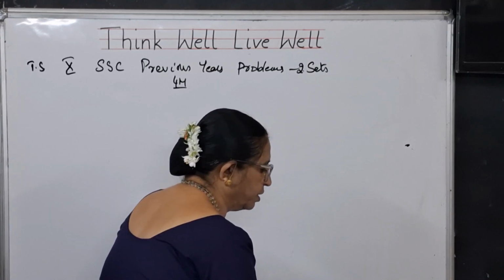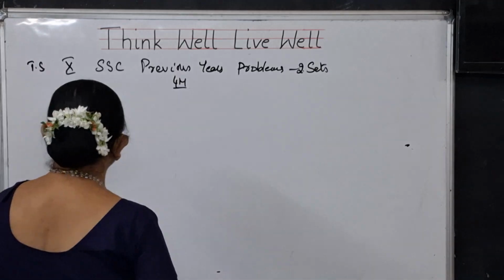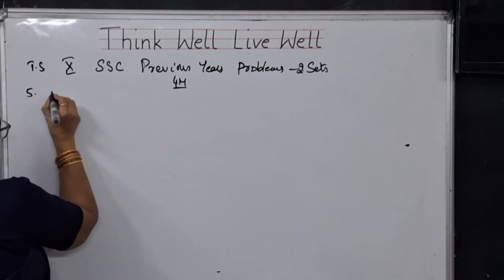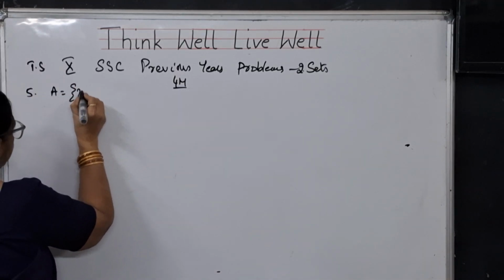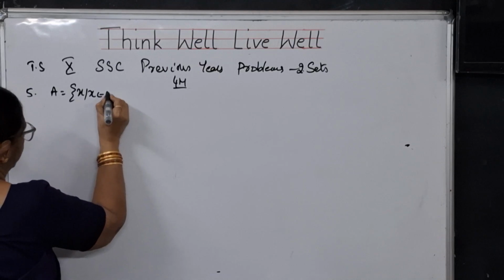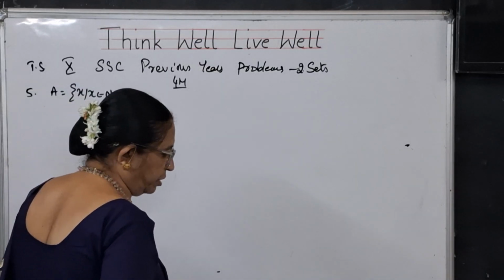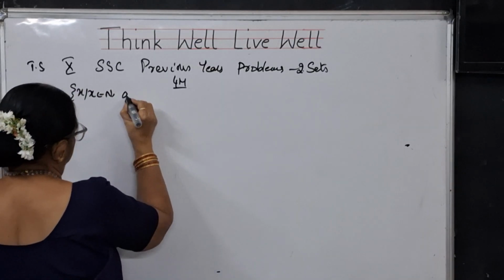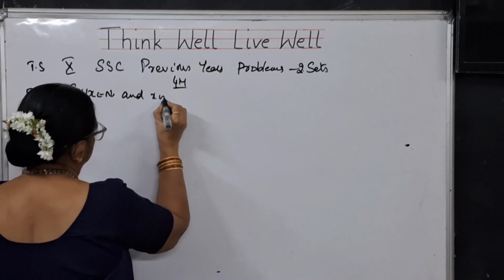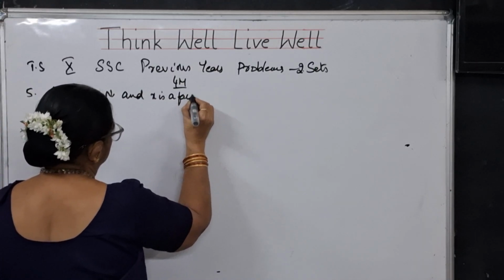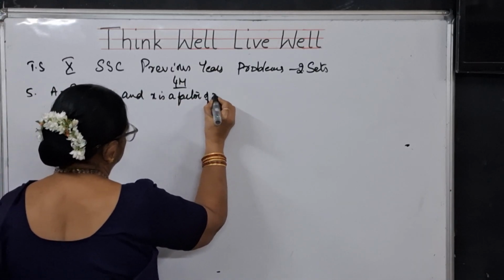The fifth problem says that A is equal to x such that x belongs to natural number and x is a factor of 30.